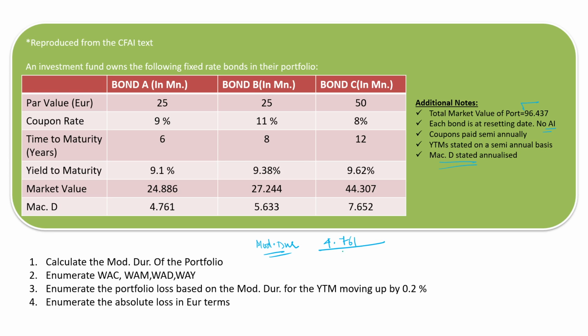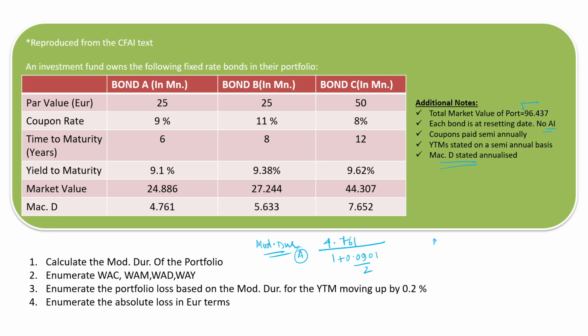This is divided by 1 plus 0.09, converting the 9.1% into decimal form. This becomes the modified duration for A.